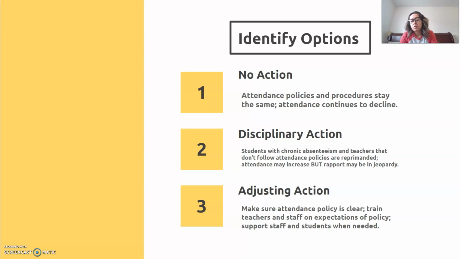This would mean that students with chronic absenteeism and teachers that don't follow current attendance policies would be reprimanded. Attendance might increase, but that means rapport may also be in jeopardy between myself and teachers, myself and students, or students and teachers. The third option that I have listed here is adjusting action.